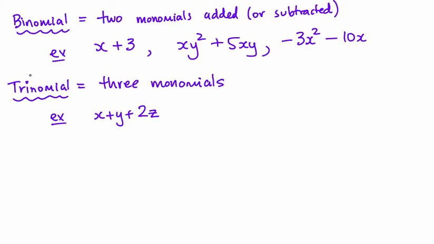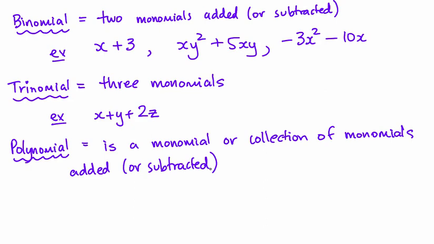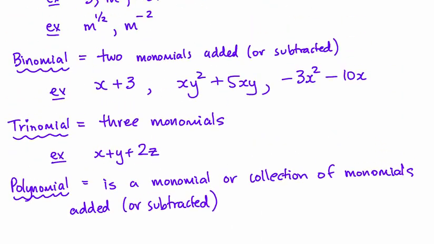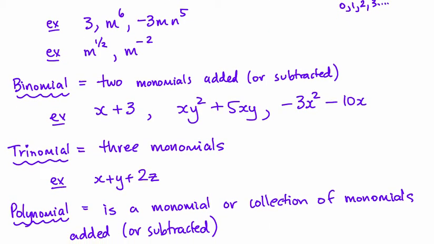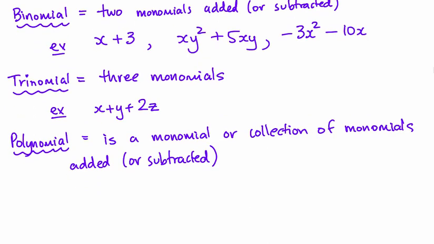Past three, we just generally say anything bigger than 3, 4, 5, 6, 7, 8, 9 are called polynomials. So a polynomial is a monomial or a collection of monomials added or subtracted together. So all these other numbers that we've seen here, 3m to the 6, negative 3mn to the 5th, those monomials are a type of polynomial. x plus 3, y squared plus 5xy, those are binomials.